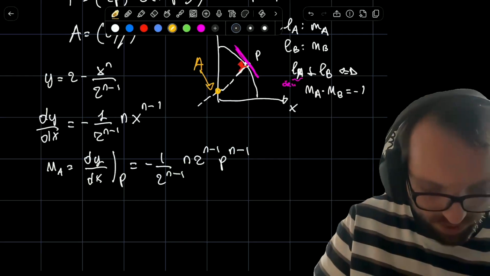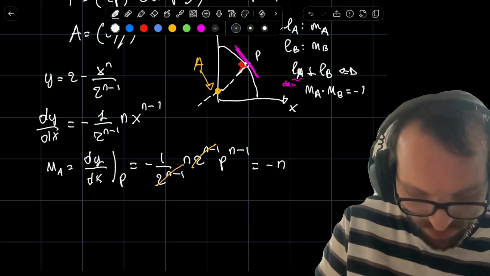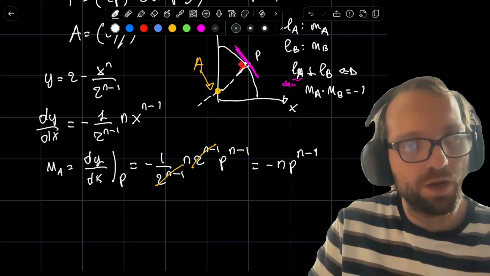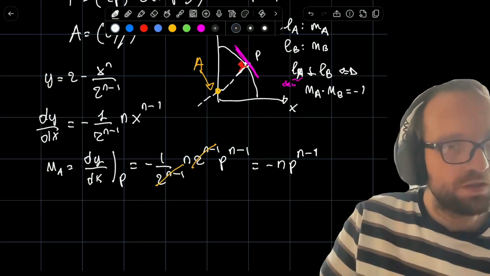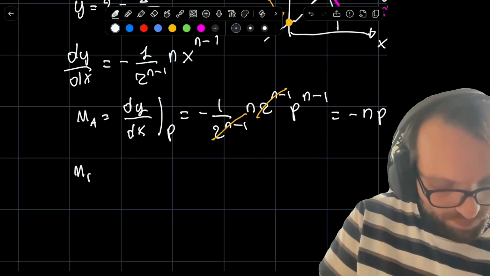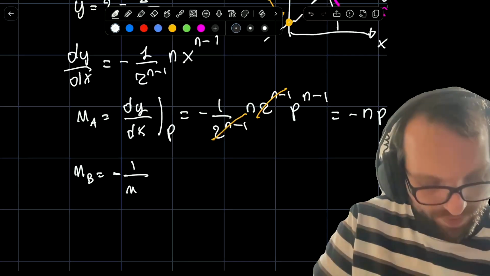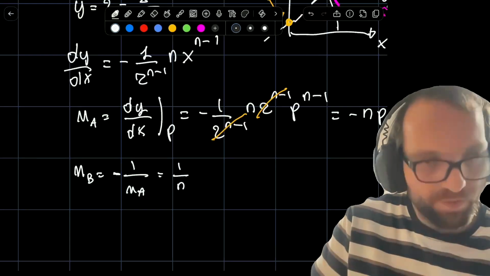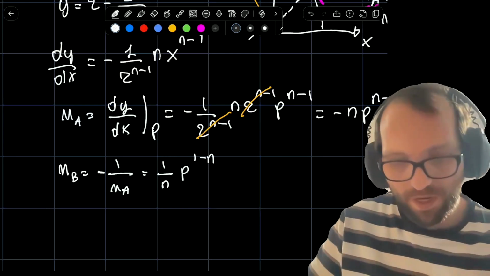These two terms cancel out. We have minus n multiplied by p to the power of n minus 1. So this is my MA. My MB, which is the normal, is minus 1 over MA, which is simply 1 over n p to the power of 1 minus n.